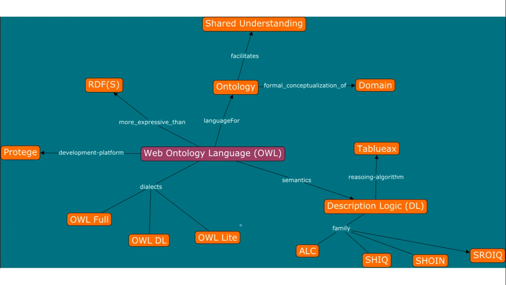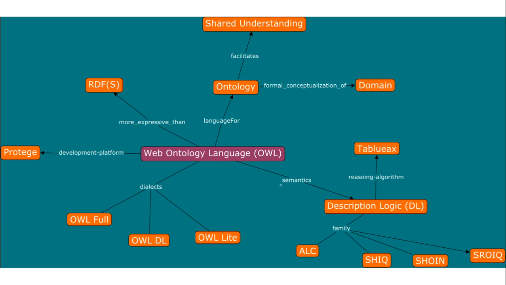And finally, we have OWL Lite, which is the simplest OWL language dialect. Now, there are different development platforms, and one of them is Protege, which is very popular in the design of ontologies. So if you want to design an ontology for a domain, this particular tool will be helpful.